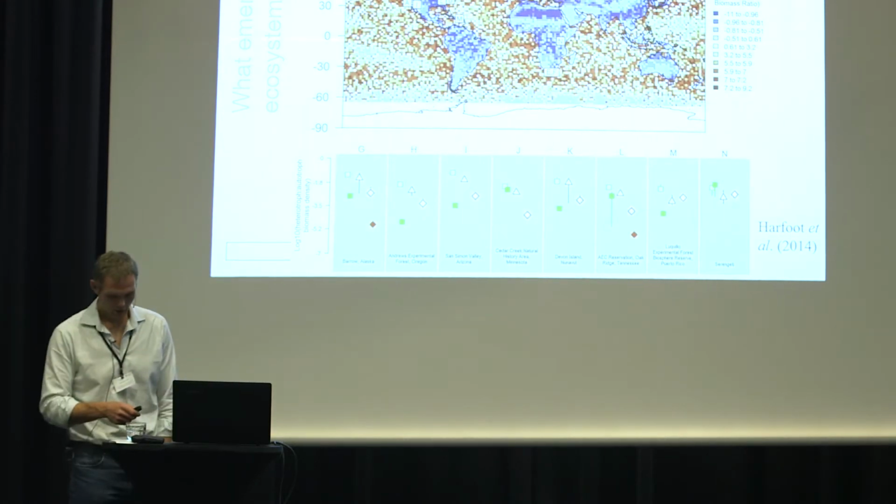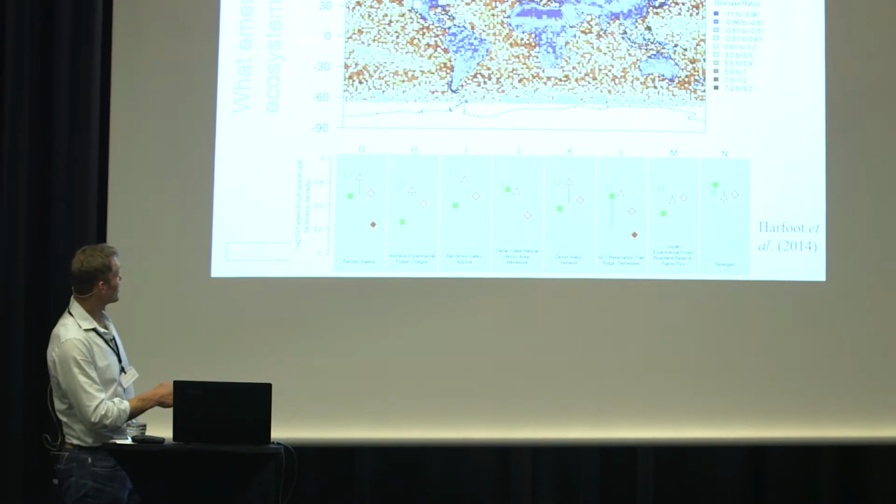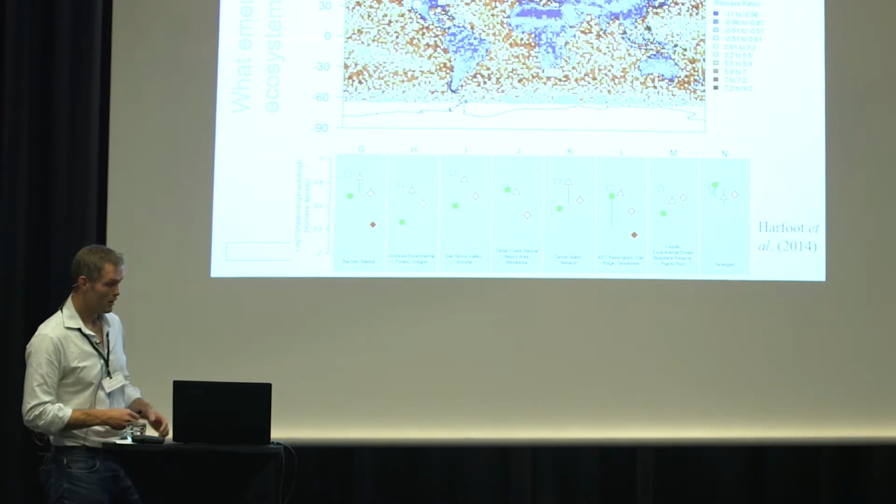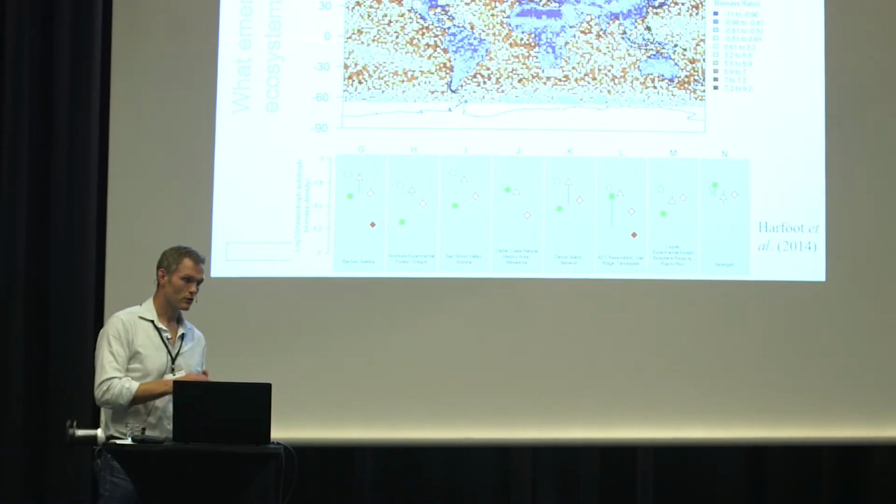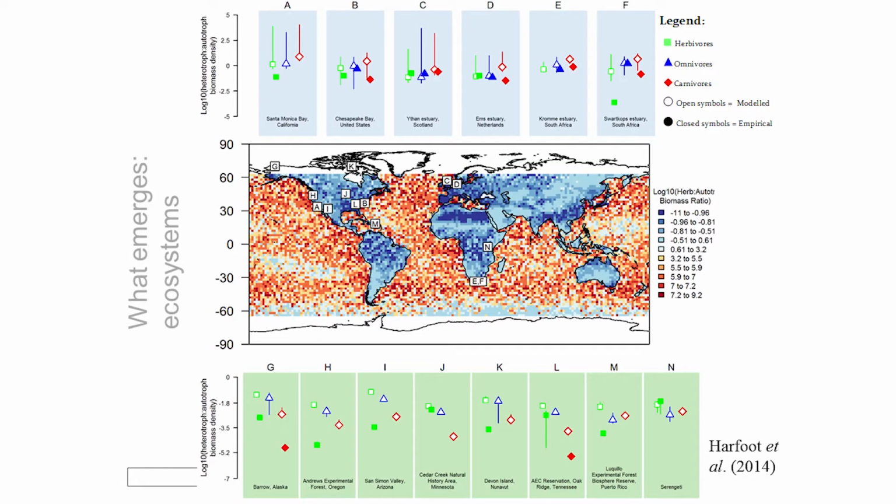And then this is kind of a mega plot, but what we're showing here is trying to compare ecosystem structure, the structure of whole ecosystems predicted by the model, compared to empirical data. These are a set of sites where there's been comprehensive sampling undertaken to try and understand what's the total biomass of different trophic levels in that location.